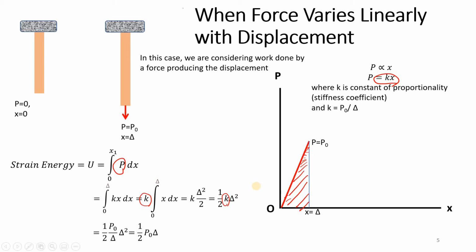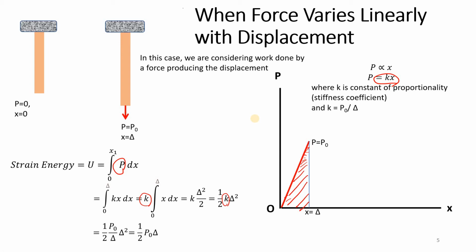So when force varies linearly with displacement, and this happens when you're considering the work done by the force which is producing the displacement, in that case it is given by half times, you can focus on this equation, half times the final value of the force, P naught, times delta, which is the final value of the displacement. So this is the first scenario in which force varies linearly with displacement, and we are considering work done by the same force which is producing the displacement.